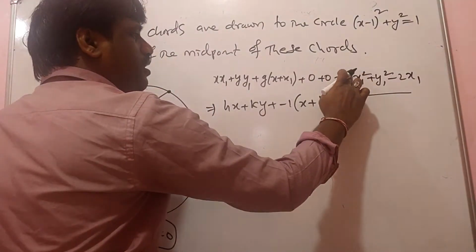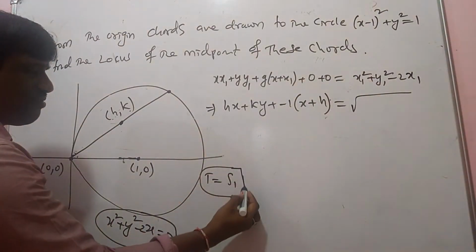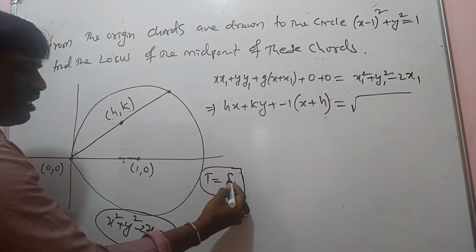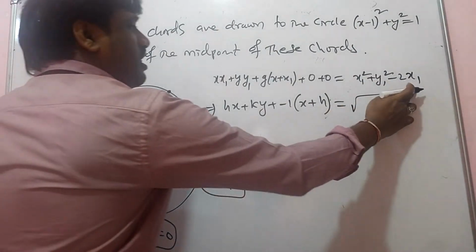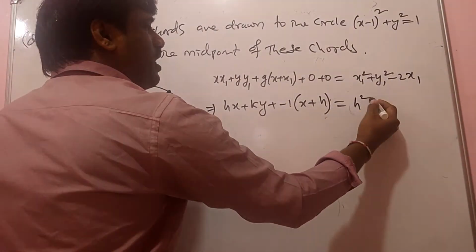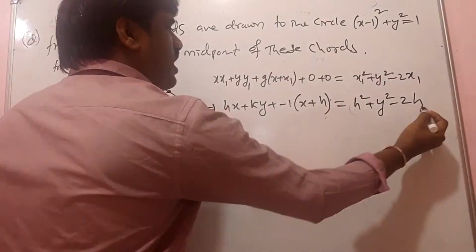No need of square root because it is not the length of the tangent. This is only the power of the point S1. So S1 will be h square plus k square minus 2h.